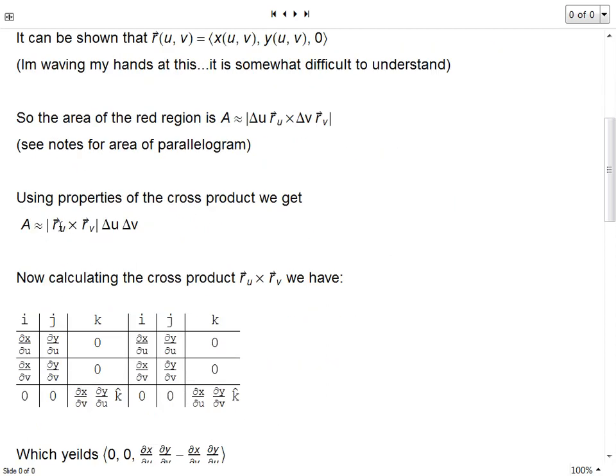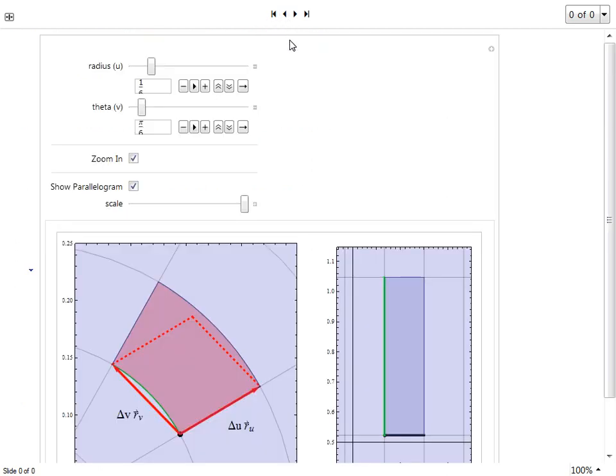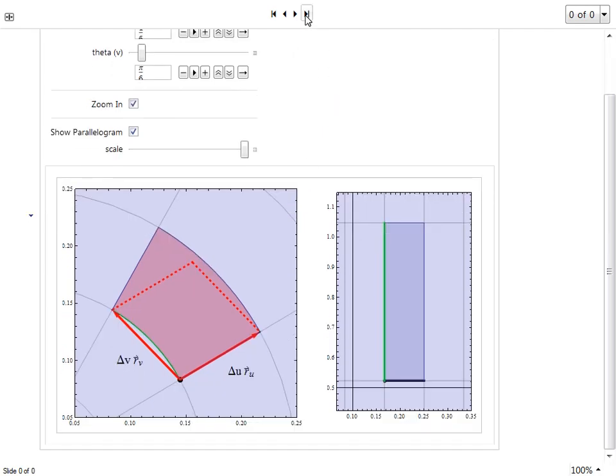The area is the cross product of the vectors, and then this right here, delta U delta V, comes back from that picture. Delta V is a scalar, this is a vector. This is a scalar, this is a vector. So if I want to cross those two, the scalars can come out and I can cross just the vectors. That's a property of cross products. So go back to this now.